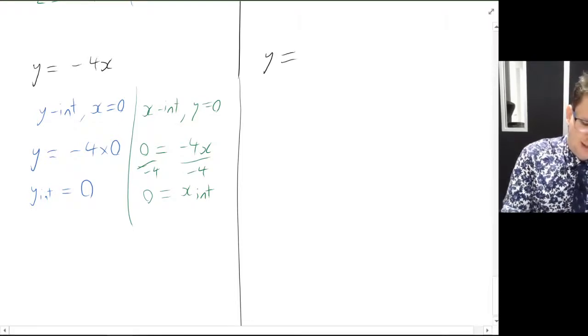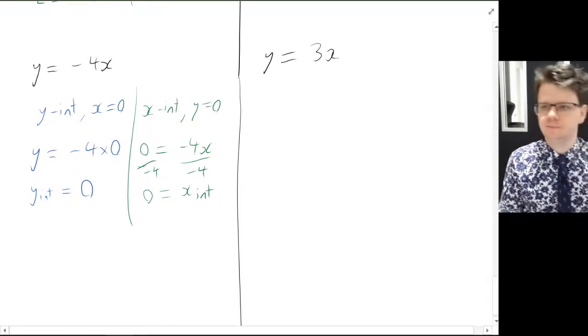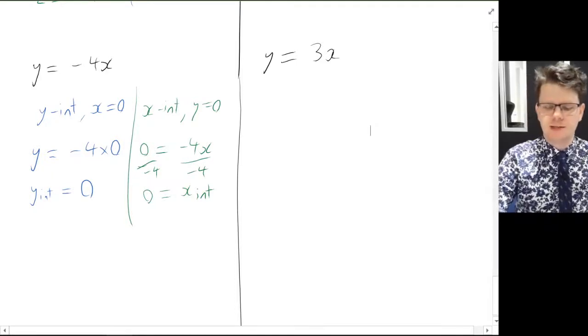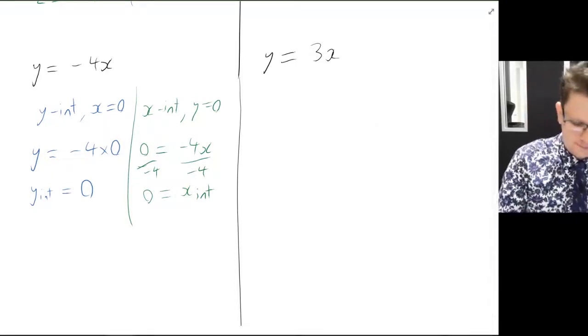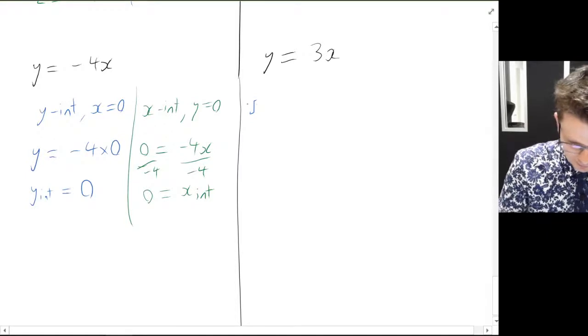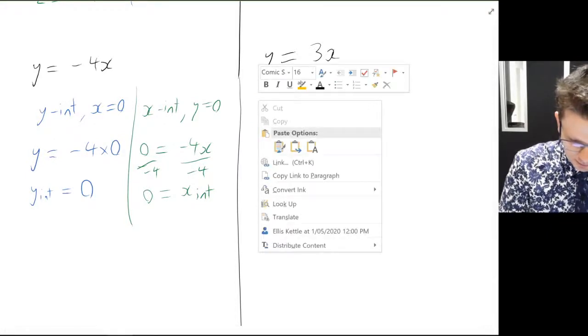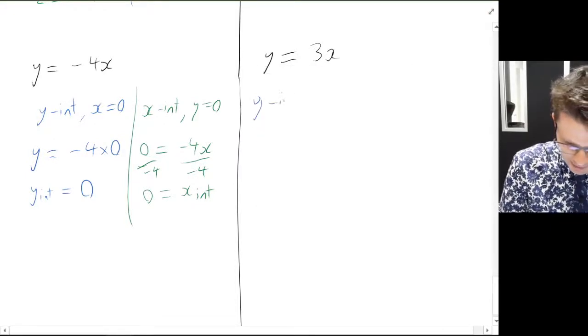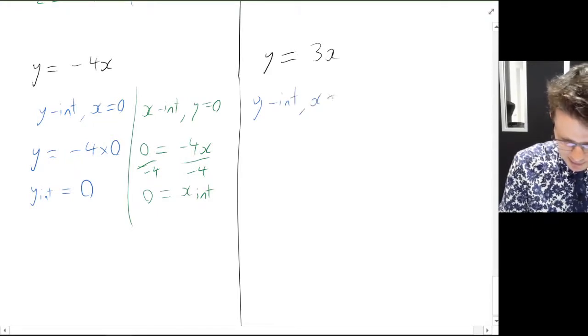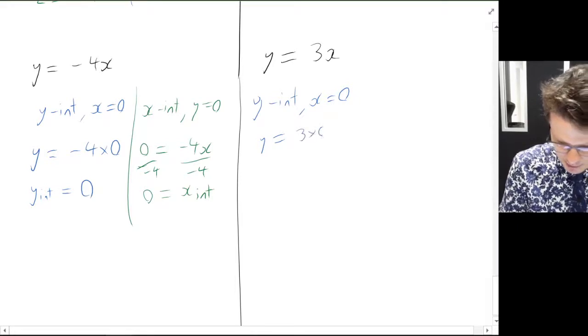Alrighty, last equation for today, we'll do y equals 3x. See if we can find the x and y intercept of that one. Y-int, x equals 0. Y is equal to 3 times 0.